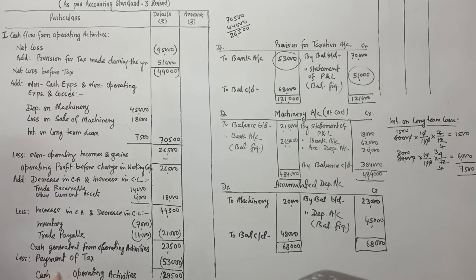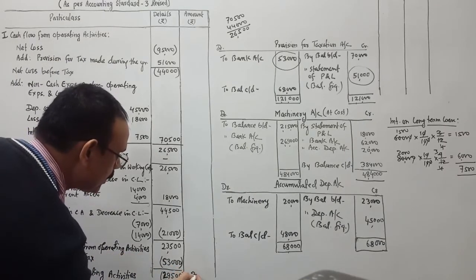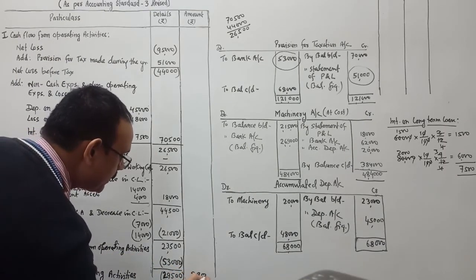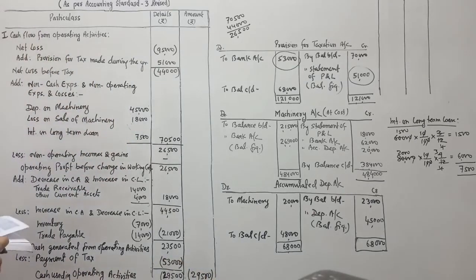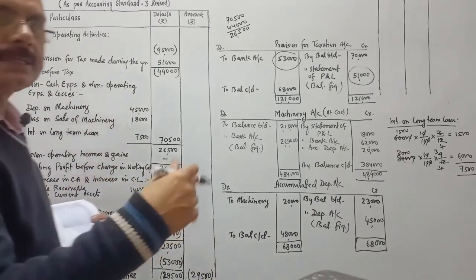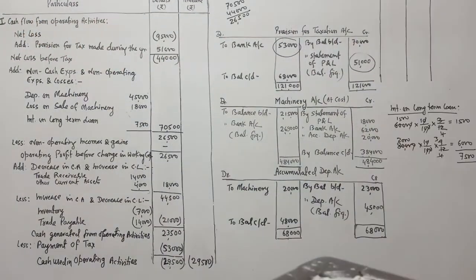You write the cash used in operating activities, 29,500. It is in minus. So it is cash used. Write the amount in the outer column.